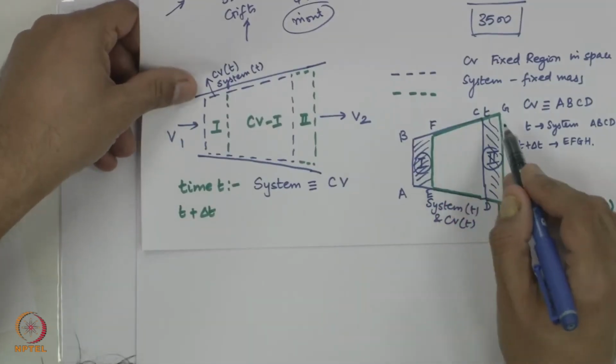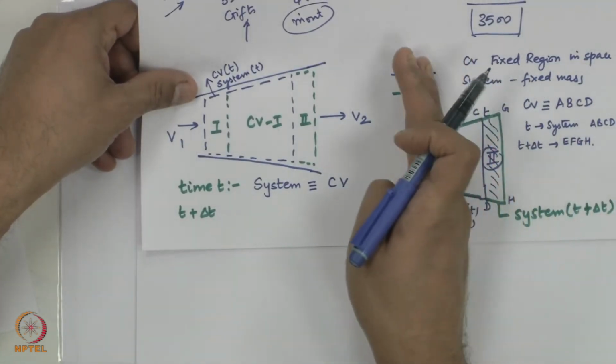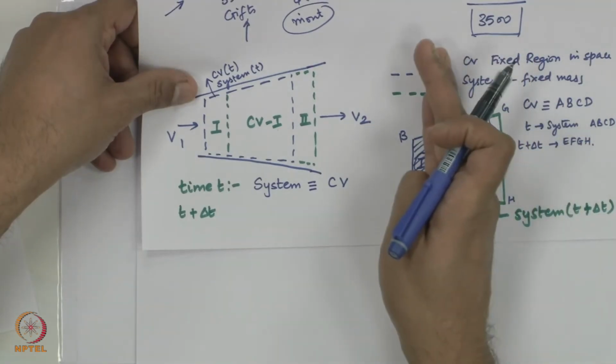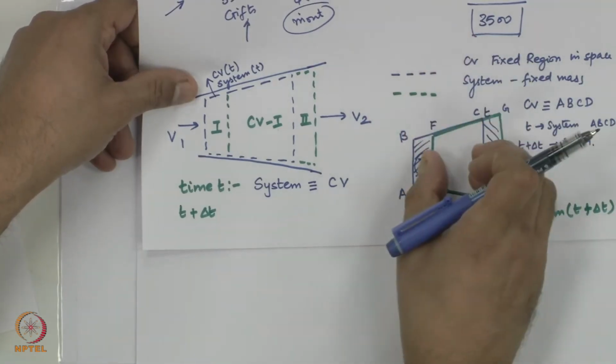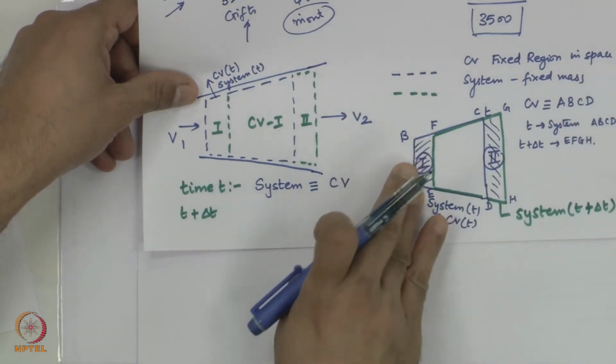The system has moved and changed shape because you are tracking the same mass, the same 100 particles. Out of the 100, 80 are still inside the control volume, 20 have left, and some new 20 or 25 have come in.